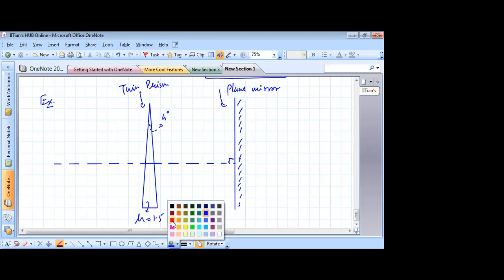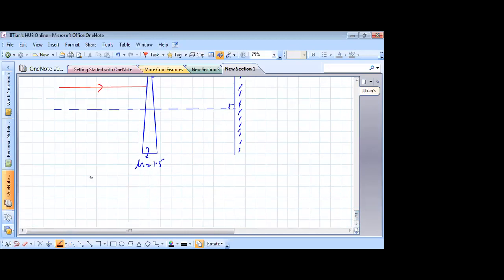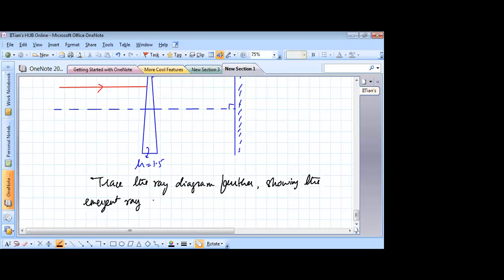Now, if we have a ray of light which is incident parallel to this normal, you have to trace the ray diagram further, showing the emergent ray, and calculate the total angular deviation.